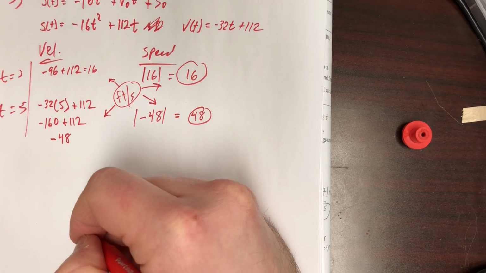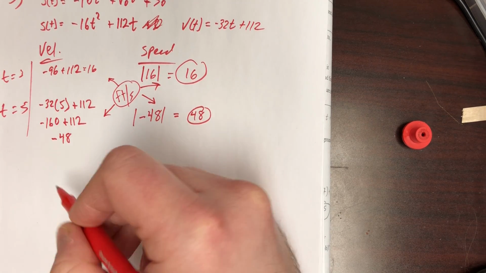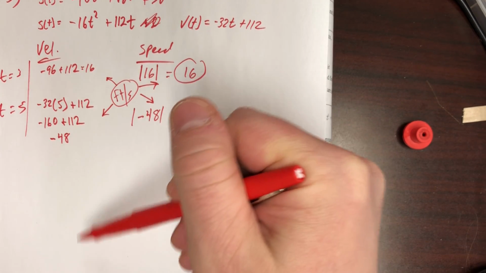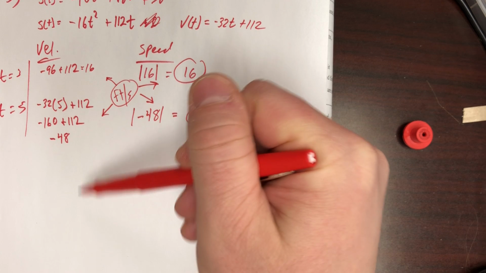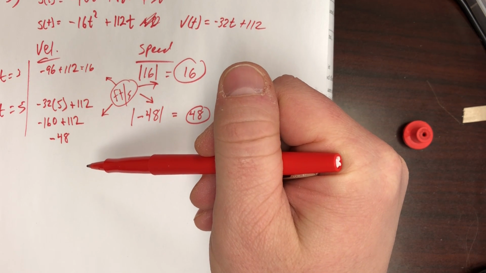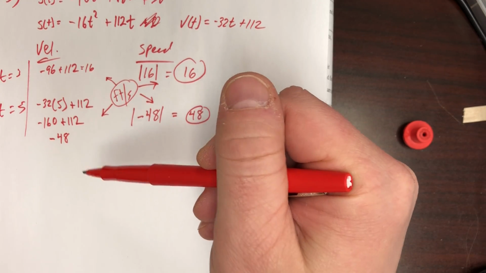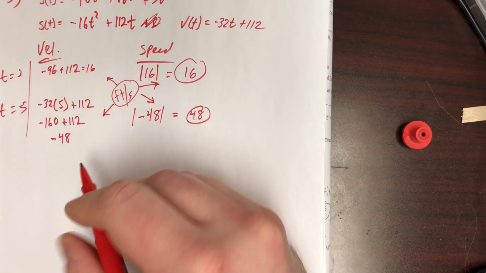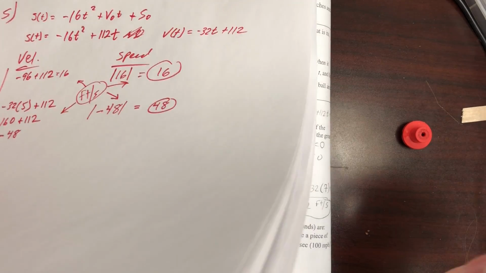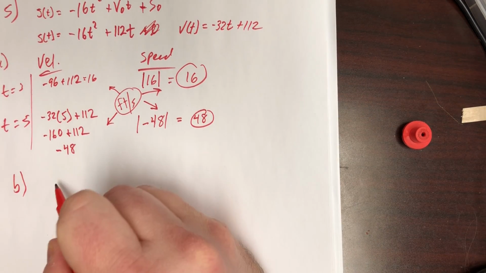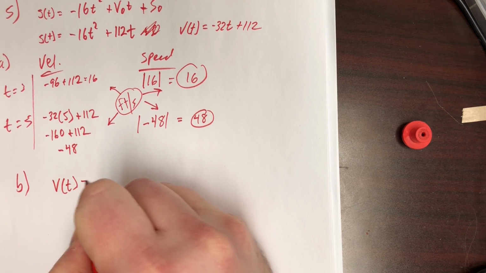Physically, what happens at the top of a projectile's motion is, vertically speaking, it stops. It only stops for an instant, but it stops. So this was part A that we did. Let's look at part B. When does velocity equal 0?